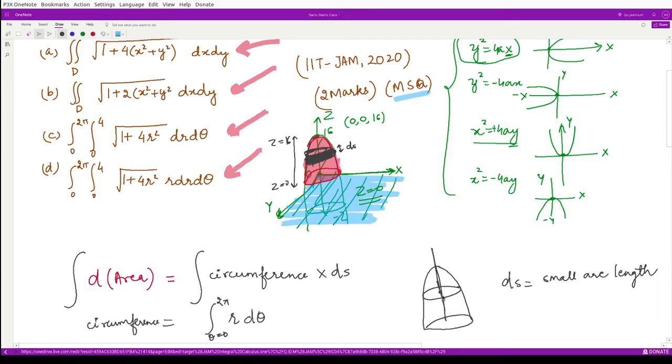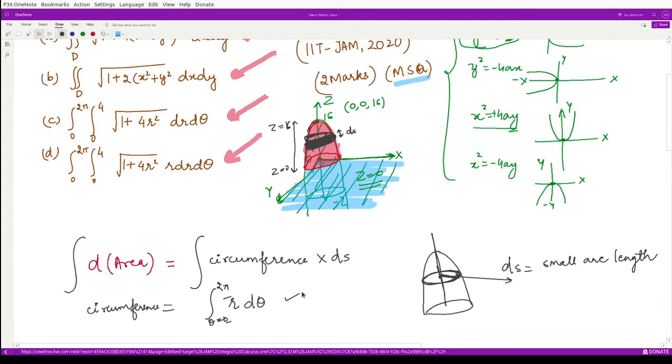From the center, if you take a ray coming out, the value of r at the center is 0, and at the edge it is equal to the radius of the circle. If you rotate this r around the circle, you obtain the circumference. So the angle moves from 0 to 2 pi, and we get the circumference.